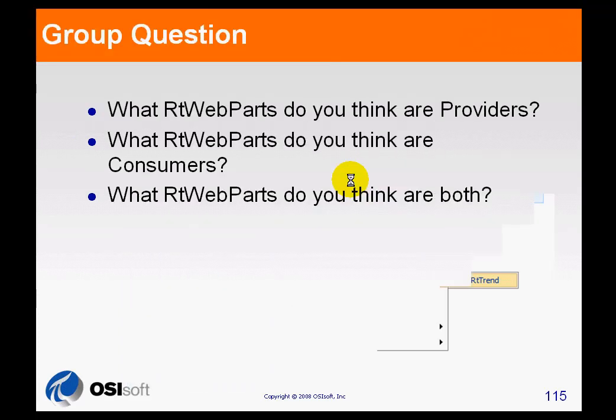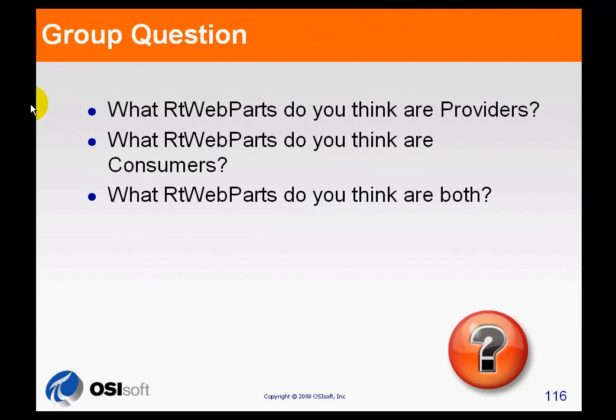Here's a couple of questions. Get you to think, really. Pause this if you'd like to just do a little mental exercise here. What RT web parts, of the ones you've seen already, which ones do you think are going to be providers? Now, the answer to that, the providers are going to be those things that provide some kind of context.